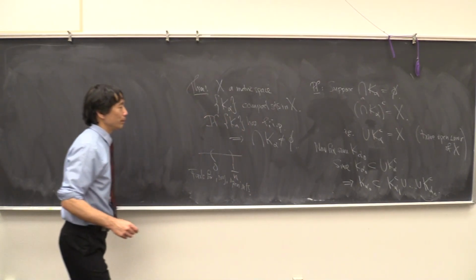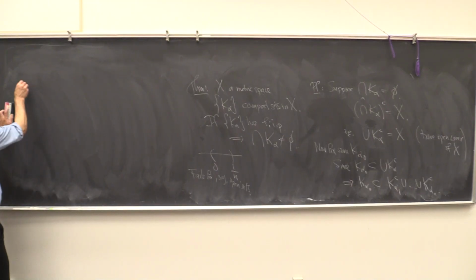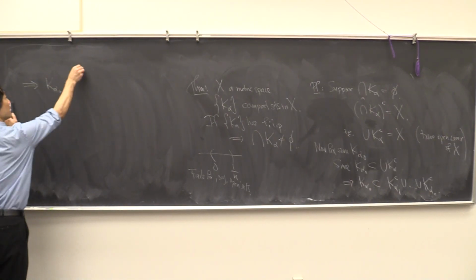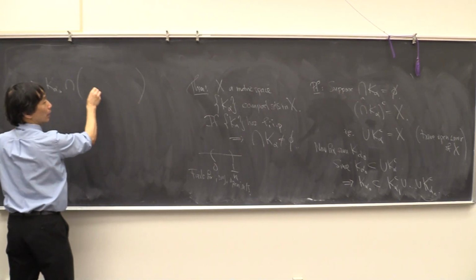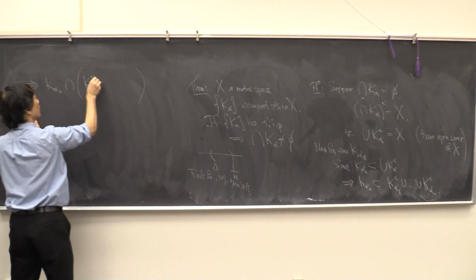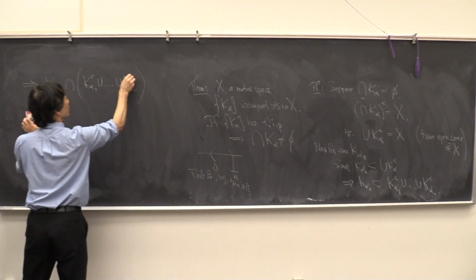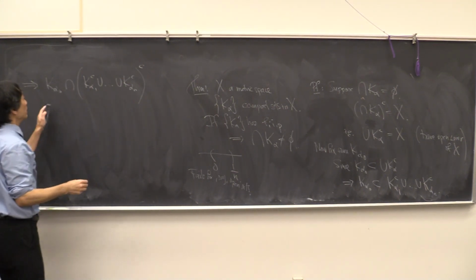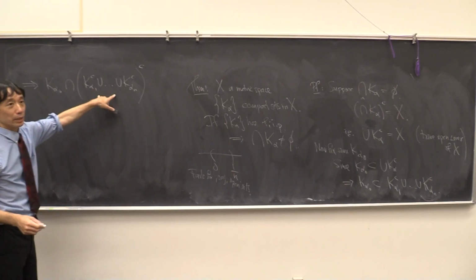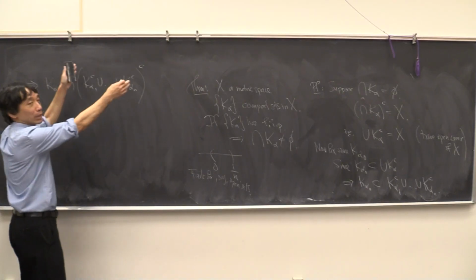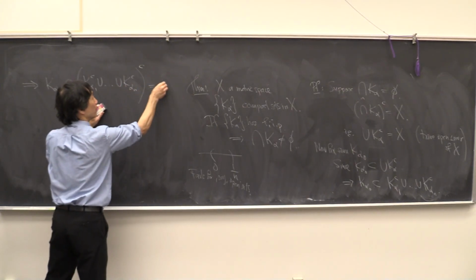Okay, so in that case, if we look at K alpha naught intersect the complement of those guys, K alpha naught is contained inside this set, so its intersection with the complement of that set will be empty.